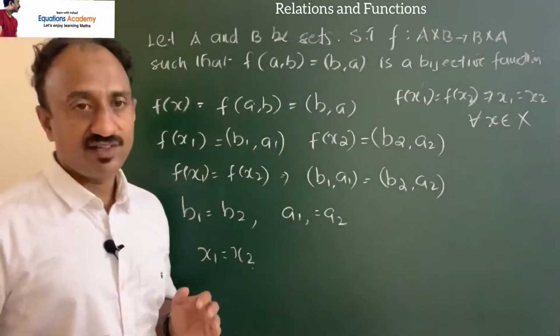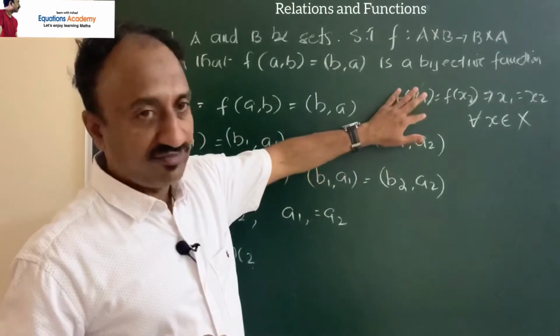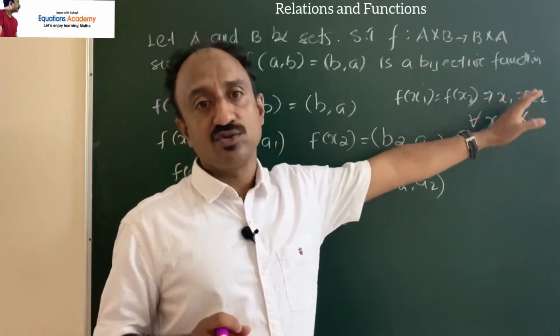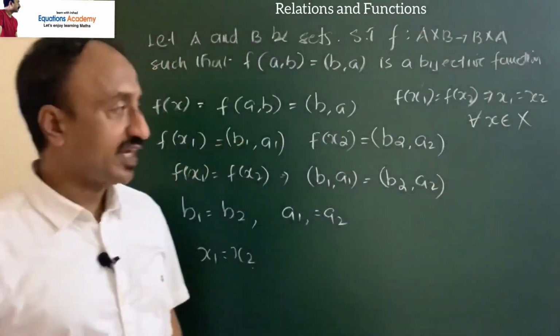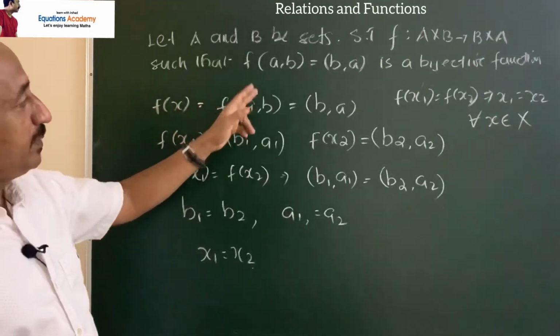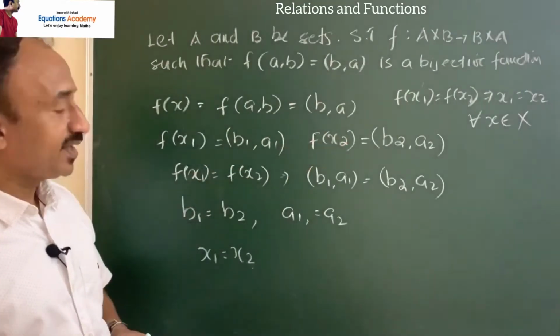What is the condition for a function to be 1-1? f of x1 equal to f of x2 implies x1 equal to x2 for every x1, x2 belongs to capital X. So it is given f of x equal to f of (a, b). What is f of (a, b)? f of (a, b) equal to (b, a).